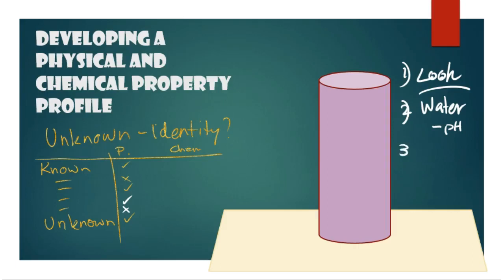The third thing you're going to be doing then is mixing it with other liquids. Okay, that will depend on the lab, but some of them will be acids, some of them may be alcohol. There's even acetone we can use there. So you're going to be mixing it with other liquids and checking its physical and its chemical characteristics. Does it dissolve? Does it react?